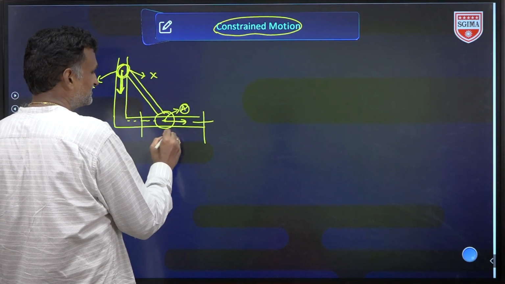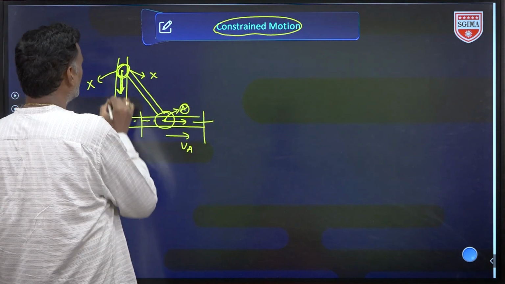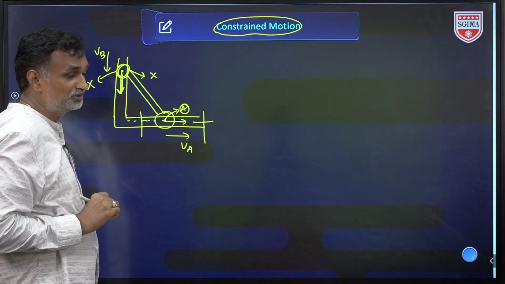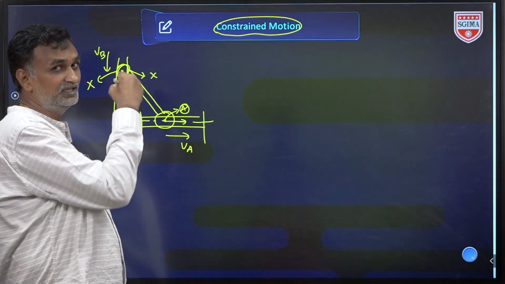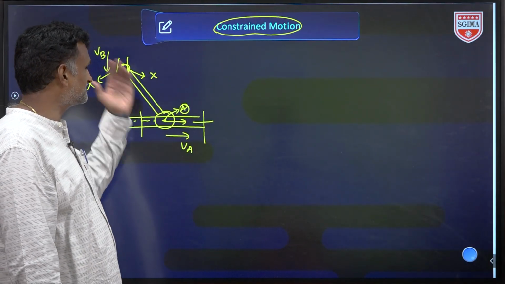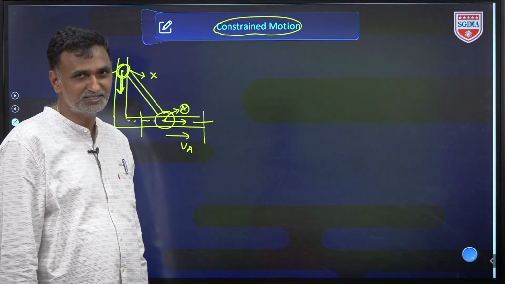Suppose this is moving with speed VA and that one is moving with speed VB, then what is the relation between VA and VB? We need to find that out. To find this relation, we use different illustrations to understand the concept.